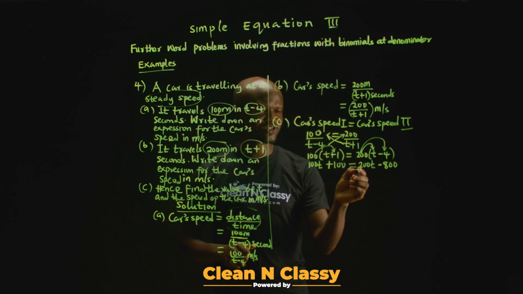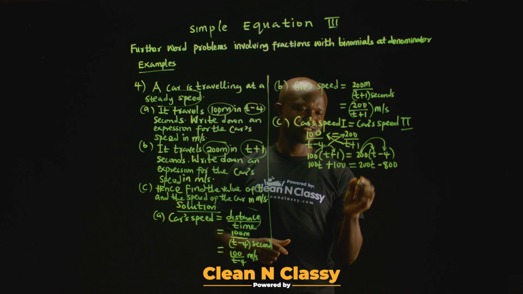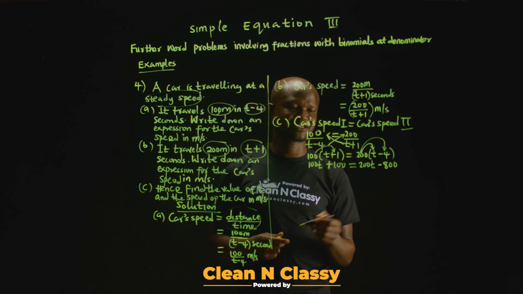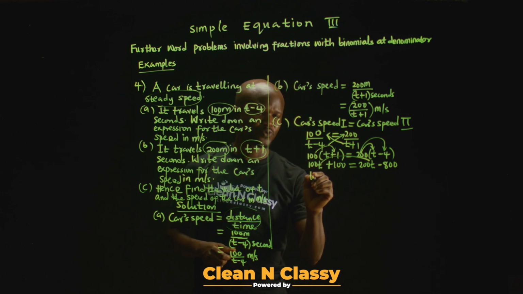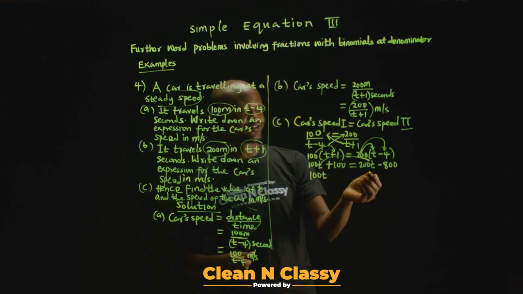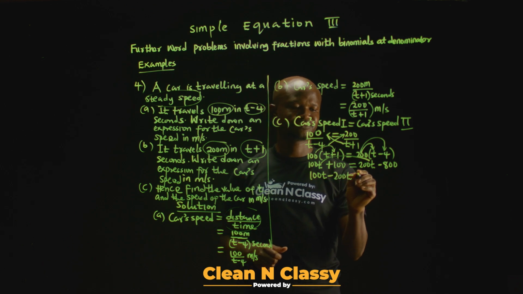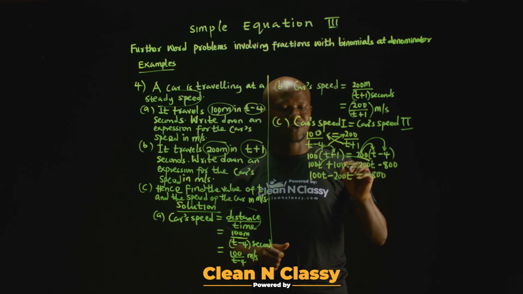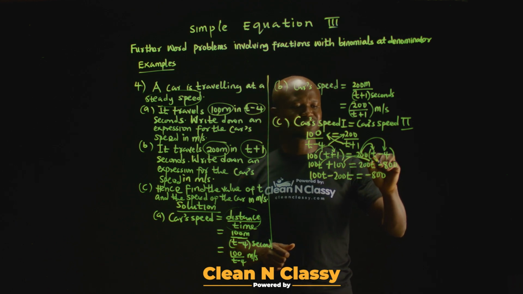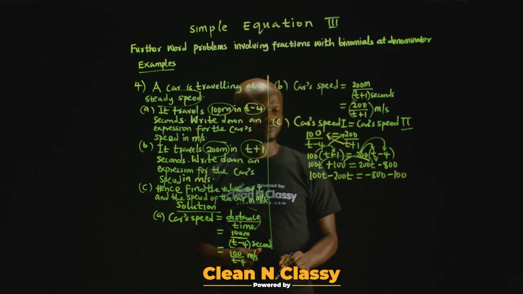So in that case, 100t and 200t are like terms. Bringing 200t to the left, it becomes minus 200t, so we have equals minus 800. And when we bring 100 to the right, we have minus 100.